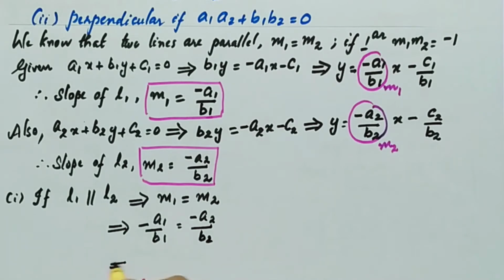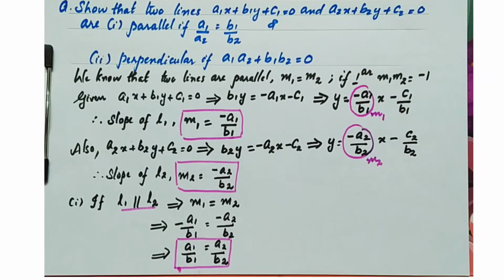Cancelling negative on both sides, you get a1 by b1 equals a2 by b2. Thus, a very important result: if two lines are parallel, L1 parallel to L2, then their slopes are equal and hence the ratio a1 by b1 equals a2 by b2.